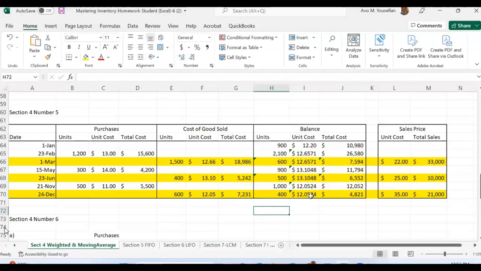Make sense? And we are calculating constantly what is left. So what is left is what was over there, 12,052 minus cost of goods sold, and the left is $4,821. That is the exact number. And then what is the average cost? That is the exact number, 4-digit, 12.0524.